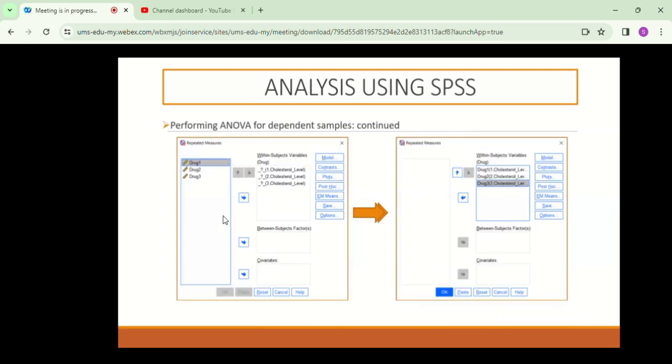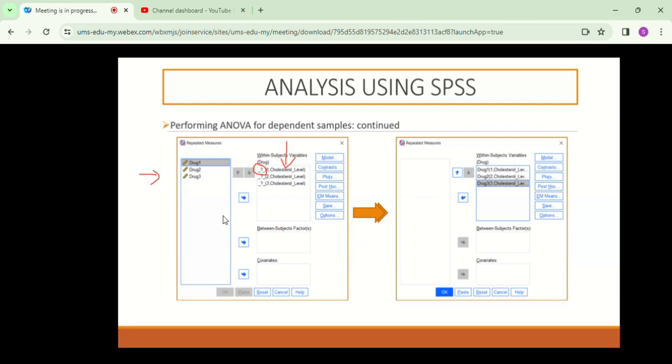When we click define, another dialog box appears here. What I need to do is click one by one and then transfer to the box on the right. Once I click drug 1, then drug 1 will be in this space. It will replace the question mark.